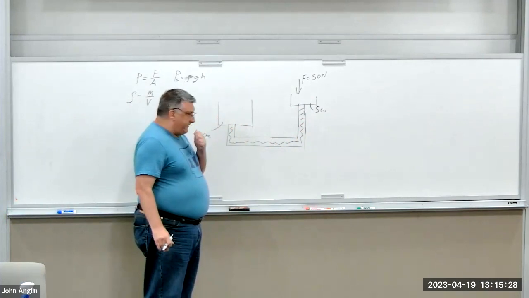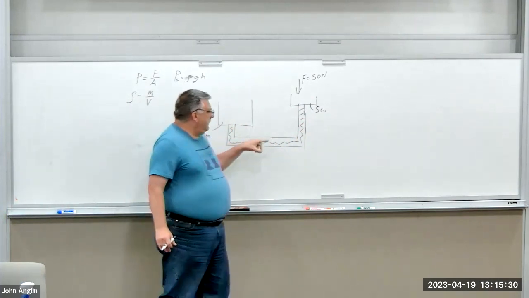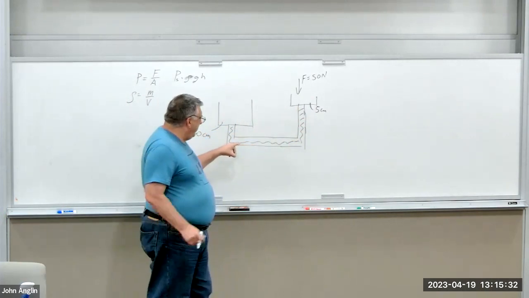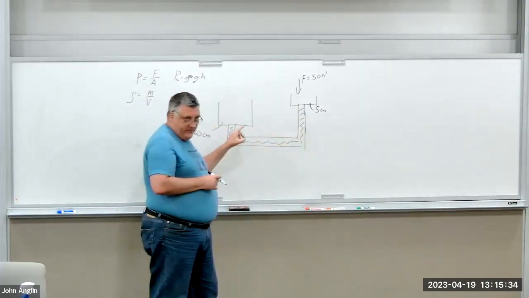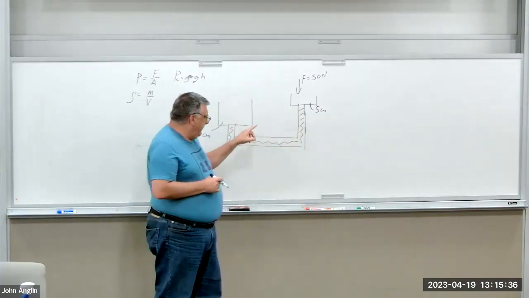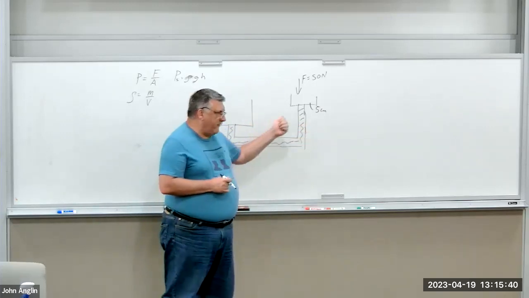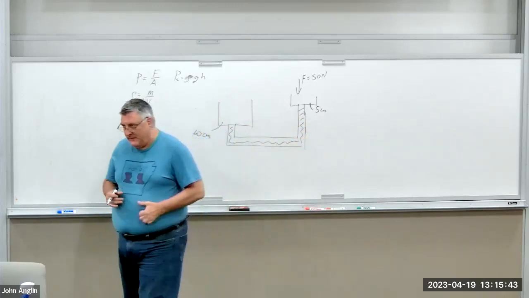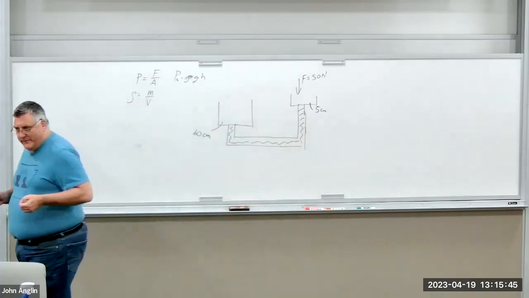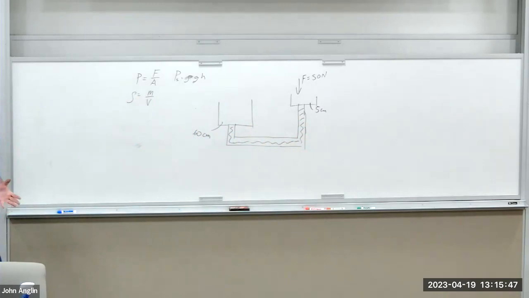The reason this is important is because if this system is contained and we apply pressure here, there's nowhere for that fluid to go. It's not going to leak out. It's not going to come out of the end of a hose or anything. So it's got to move.